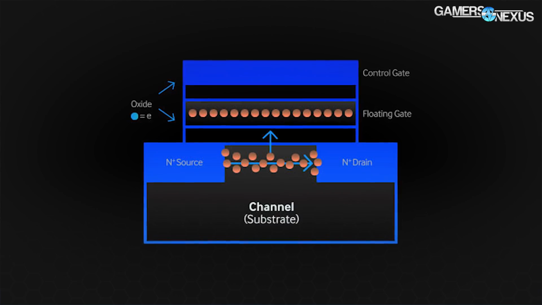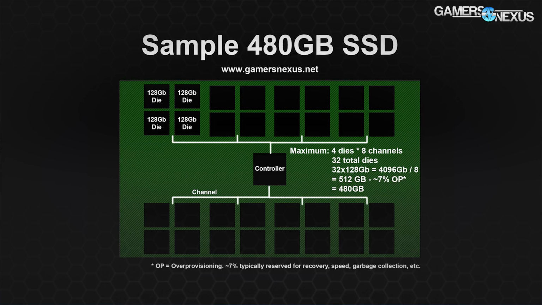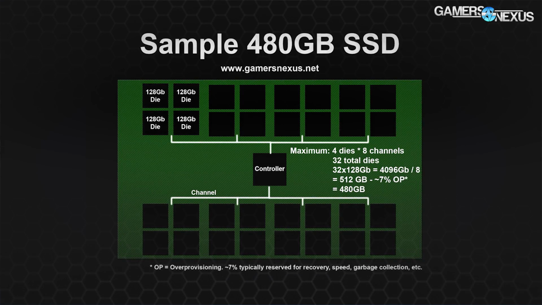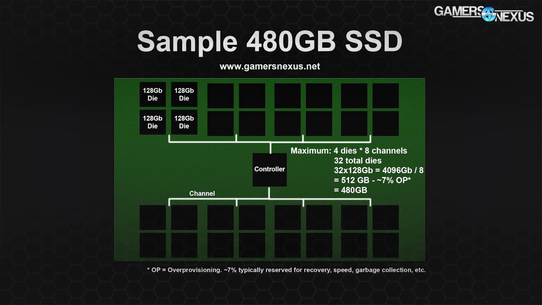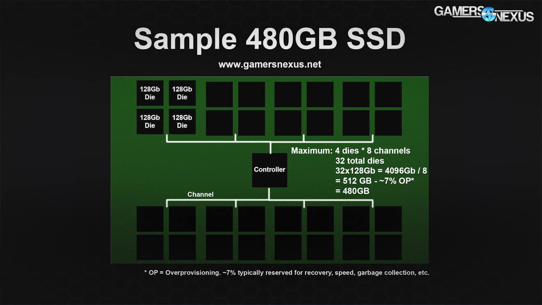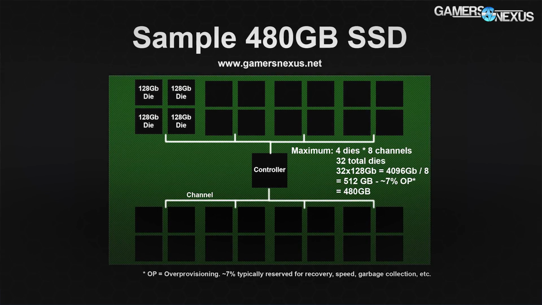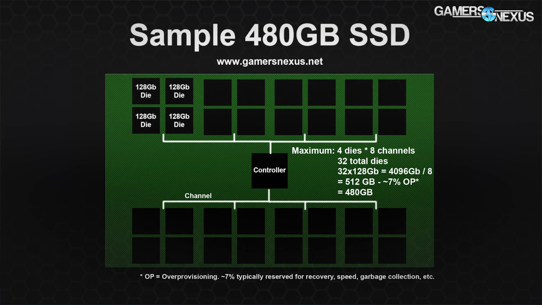And if we cut to another simple SSD image here, you can see, digging a bit deeper, that each flash module could contain multiple flash dies. In this case, our imaginary SSD saturates all 8 of the controller's channels. There are 8 maximally with this controller, ensuring maximum throughput, and it hosts 4 128-gigabit dies per module.